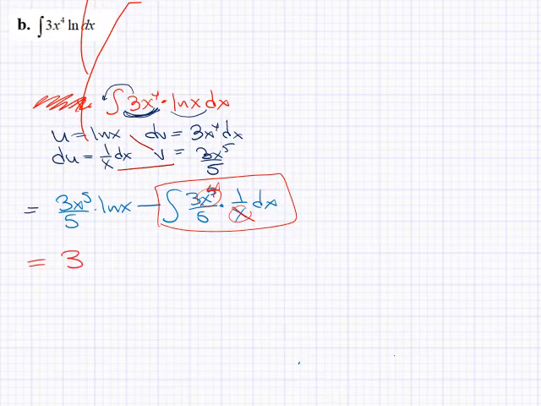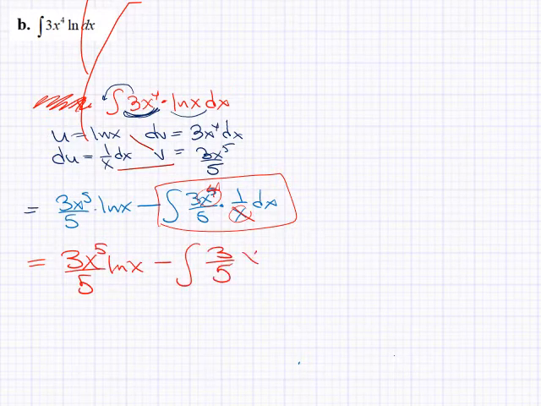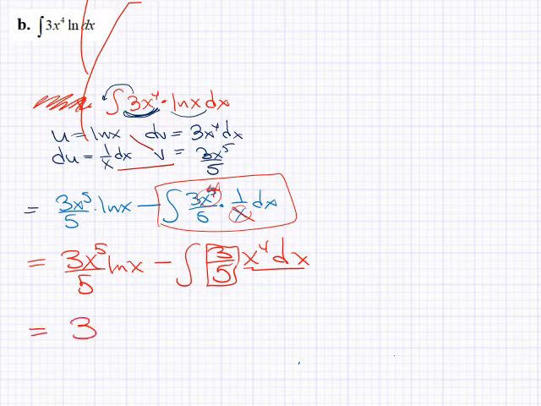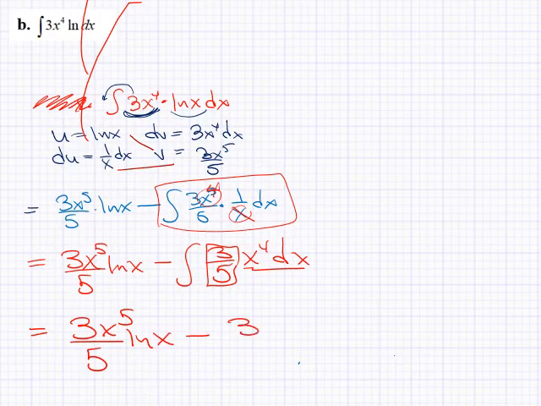So if you look at it, we have 3x to the fifth over 5 ln of x minus the integral of 3/5 x to the fourth dx, 3/5 being a constant multiple. And all we're really doing is integrating x to the fourth. So in the end, 3x to the fifth over 5 ln of x minus 3 over 25 x to the fifth.